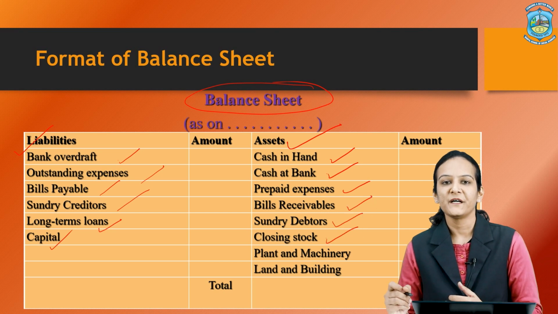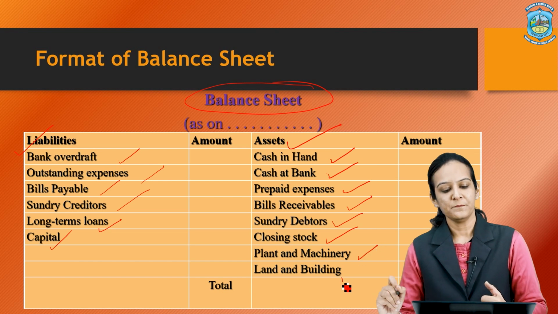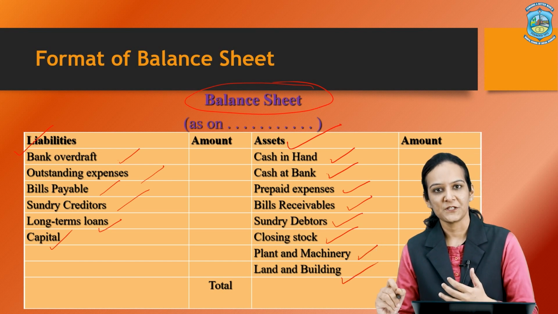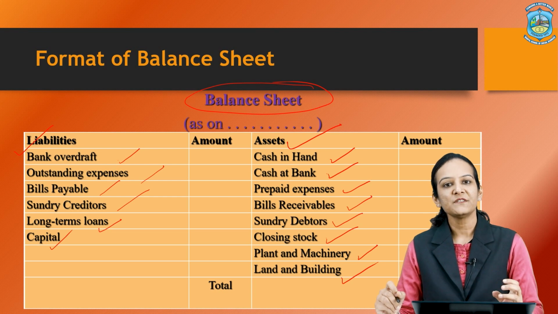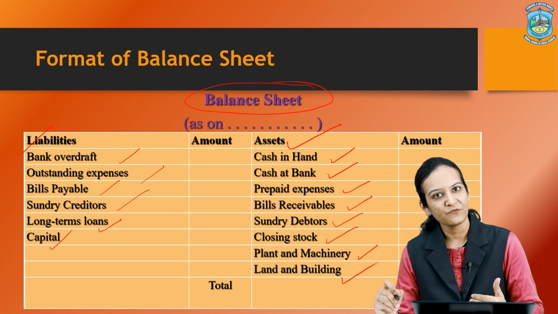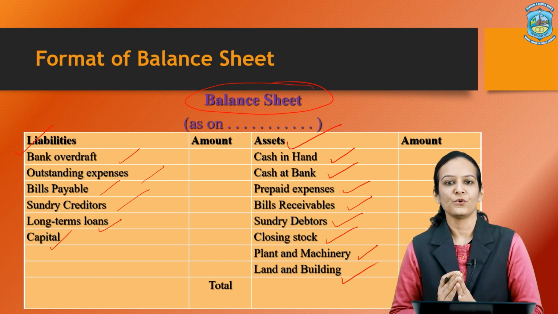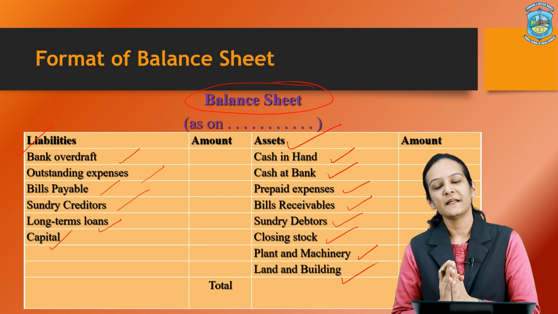This is followed by a few of the fixed assets like plant and machinery and land and building. So this is how the balance sheet is prepared. Now we have discussed how to prepare the trading account, we have discussed how to prepare the profit and loss account, what is the objective to prepare the trading and profit and loss account, and then we have discussed what is a balance sheet and how a balance sheet is prepared.